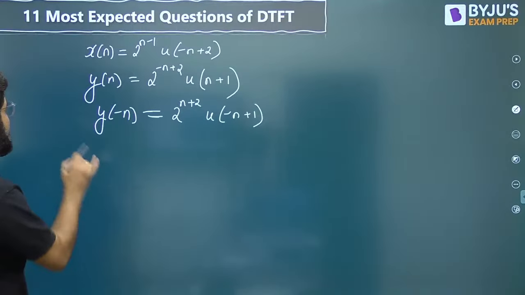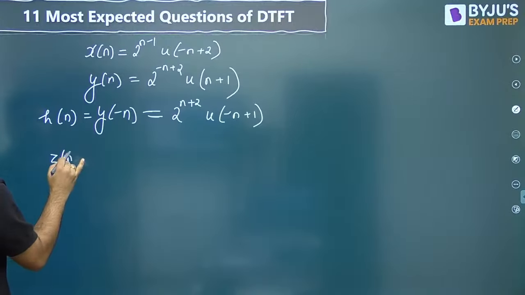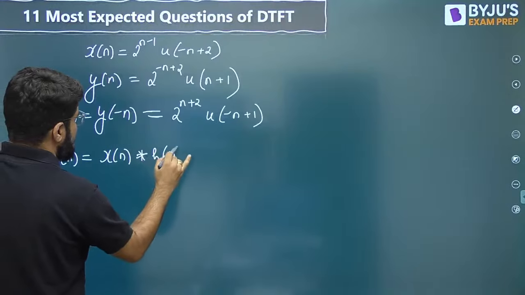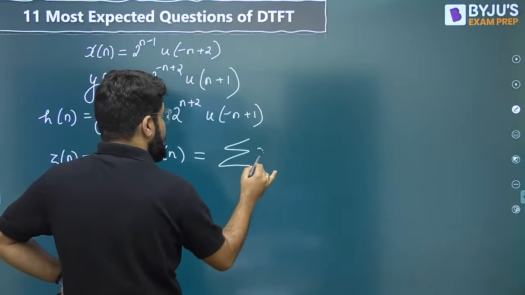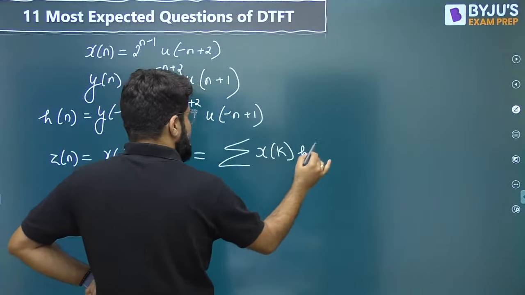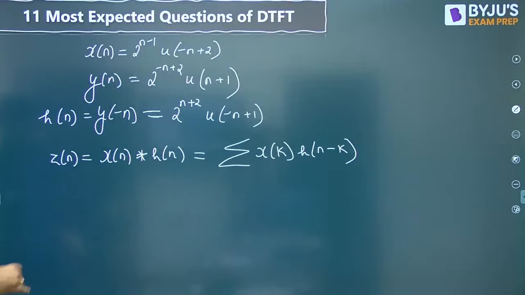So let's say this is equal to h[n]. So z[n] is x[n] convolution h[n], where y[−n] is called h[n], and the basic convolution formula is summation of x[k] h[n−k]. Now see the twist in the story.